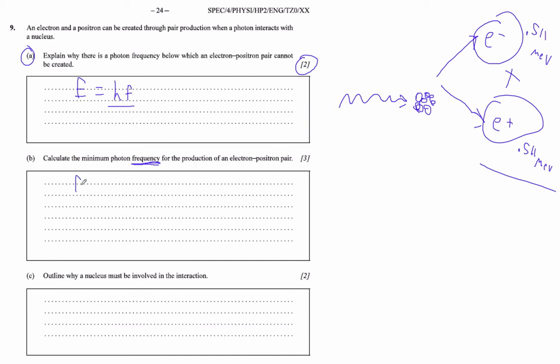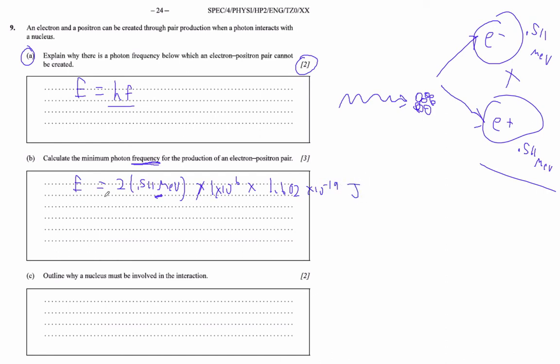So remember the energy is going to be 2 times 0.511 MeV. Remember that's millions of electron volts, so multiply by 1 times 10 to the 6, then multiply by 1.602 times 10 to the minus 19 to turn it into joules.